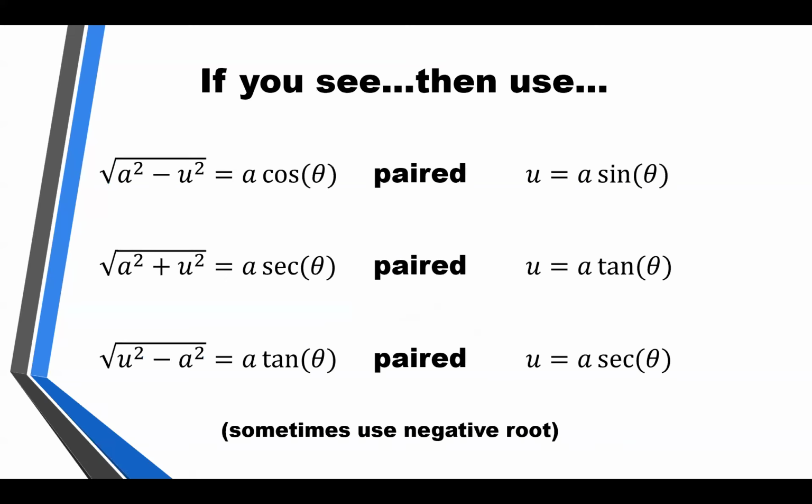When we see certain types of square roots, we think they should be a times a trig function, and we use the variable theta traditionally. That forces the u, or the variable part, to be a times another trig function. And then we find the differential exchange off of that.